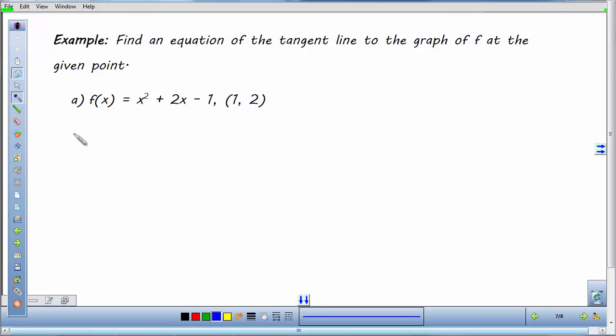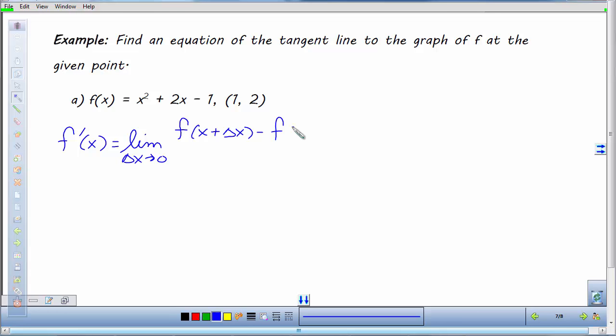So we're going to say f prime of x equals the limit as delta x approaches 0 of f of x plus delta x minus f of x all over delta x.